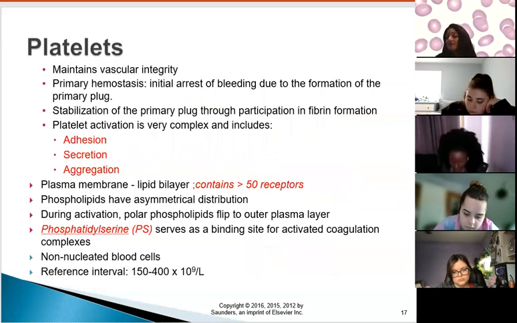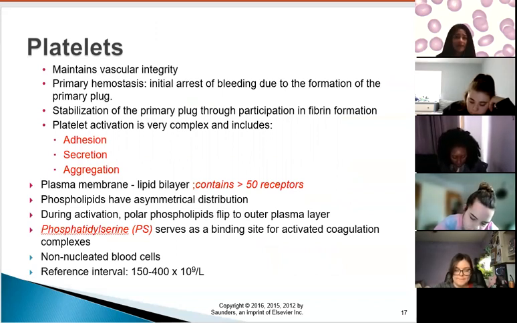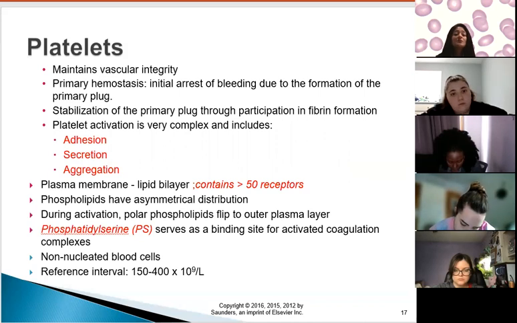So now, platelets. Platelets are very, very special cells. They are very helpful in the body. They help maintain vascular integrity. They participate in something called primary hemostasis. It's the initial arrest of bleeding by forming the primary plug.